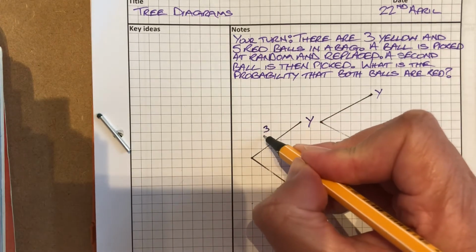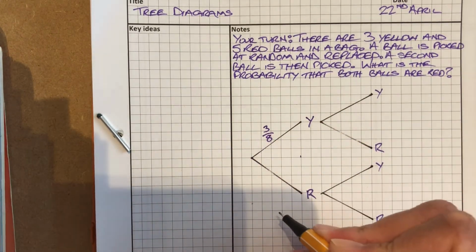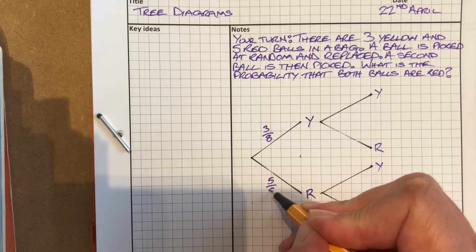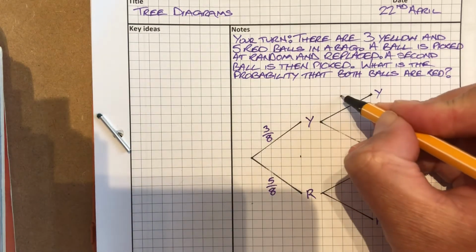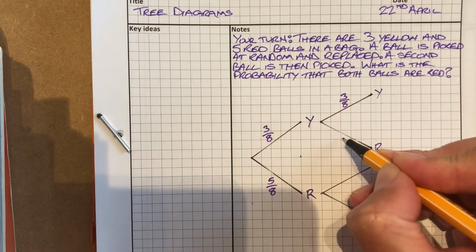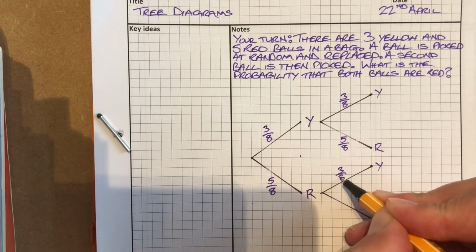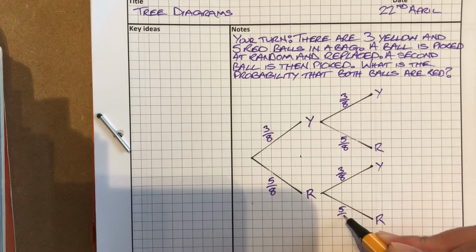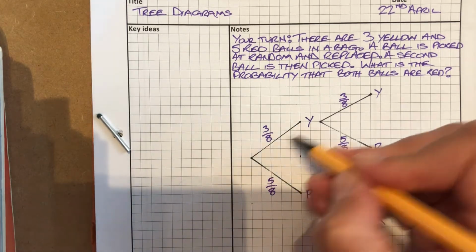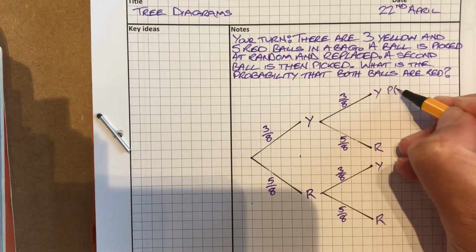So the probability is 3/8 yellow, 5/8 red. And that will be the same here, and here, and here, and here.